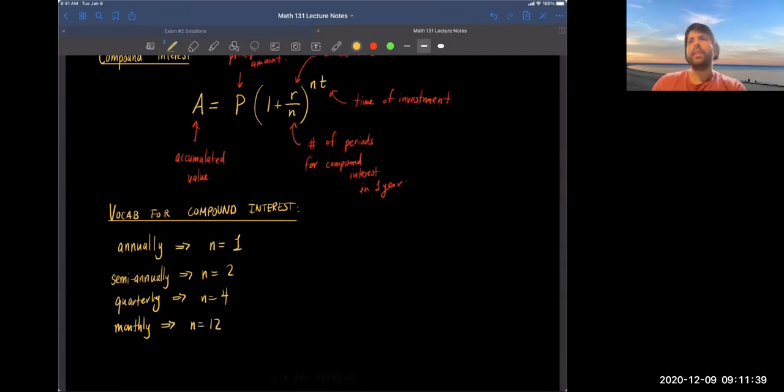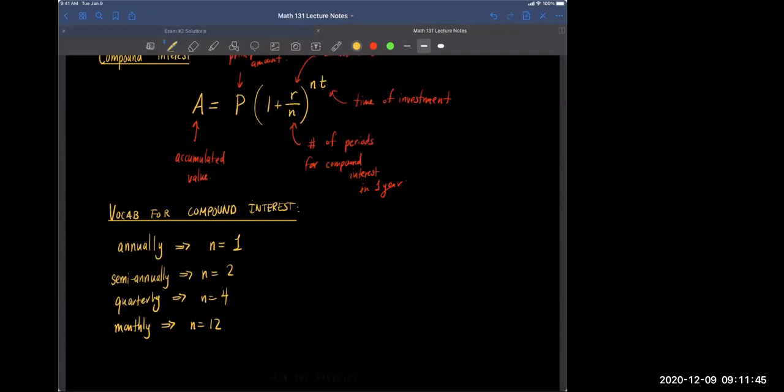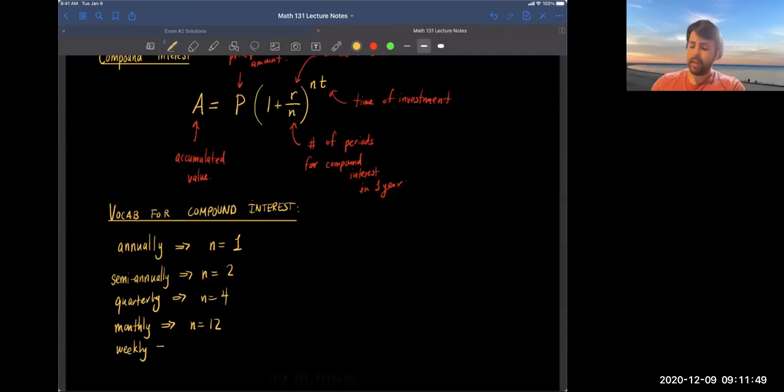Well, can I divide it more? Can I divide my year into finer periods? Yeah, weekly and then days. So weekly, there's 52. Daily, on a non-leap year, it's 365. And we can continue, right?